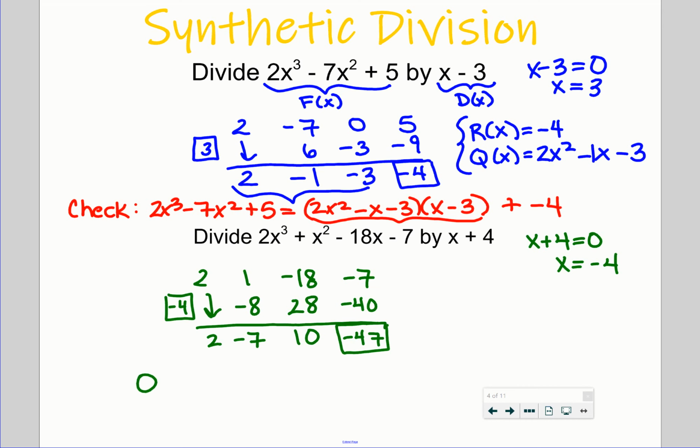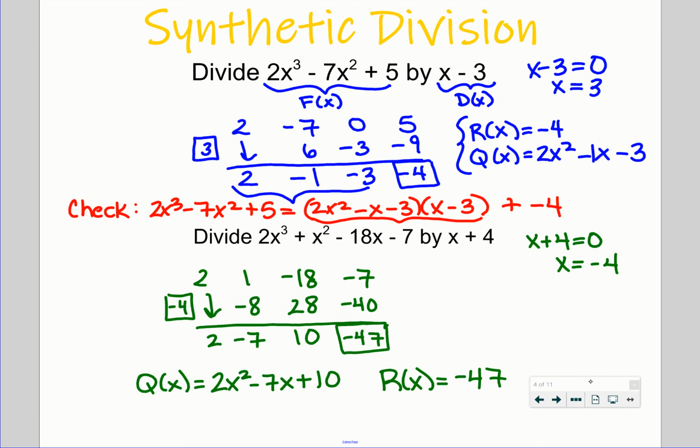So my quotient, q of x, is again going to start with a power of 2 because my original polynomial was a power of 3, minus 7x plus 10, just those variables going in descending order. And my remainder is what's left over. It will always be a constant, 1 degree less than what we were dividing in, -47 in this case.